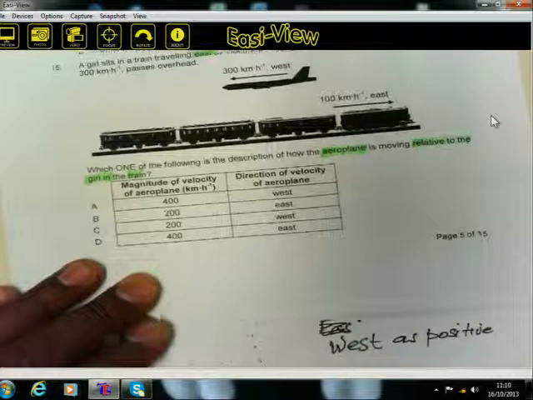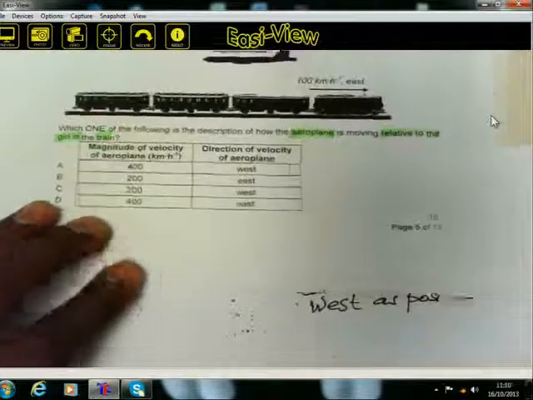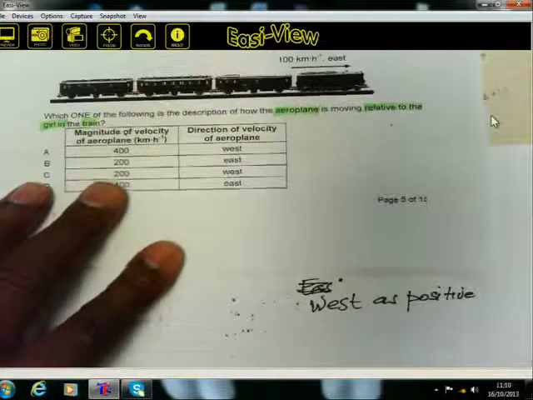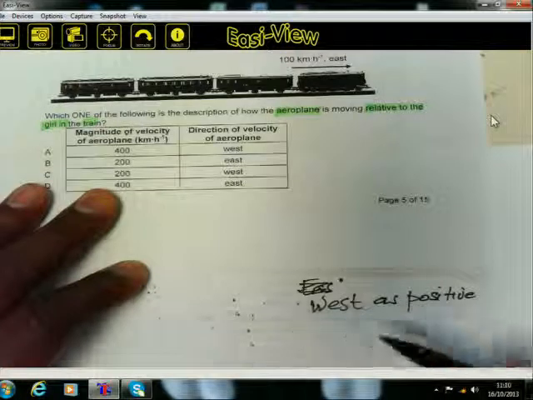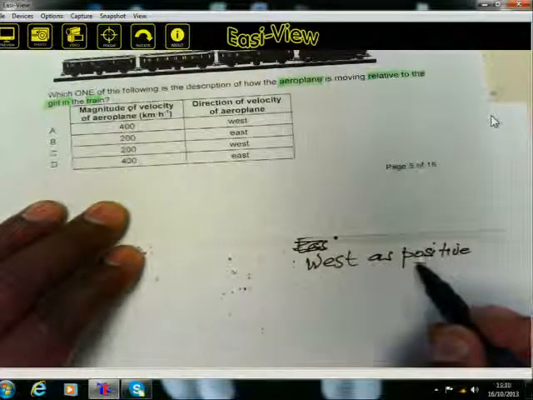Now we want to accommodate others and take west as positive. What we are saying is an object that is traveling in the direction west will have a positive velocity.